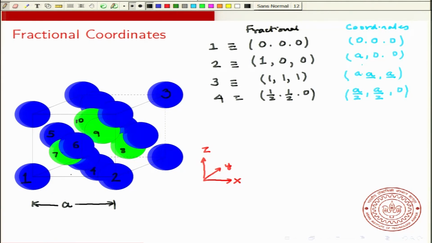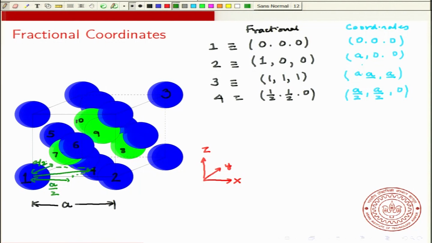It's halfway along the x, and let me just make it absolutely clear. If you look at the coordinate of this atom, its coordinate along the x direction is a by 2, its projection on the x axis is a by 2, and similarly on the y axis its projection is also a by 2.